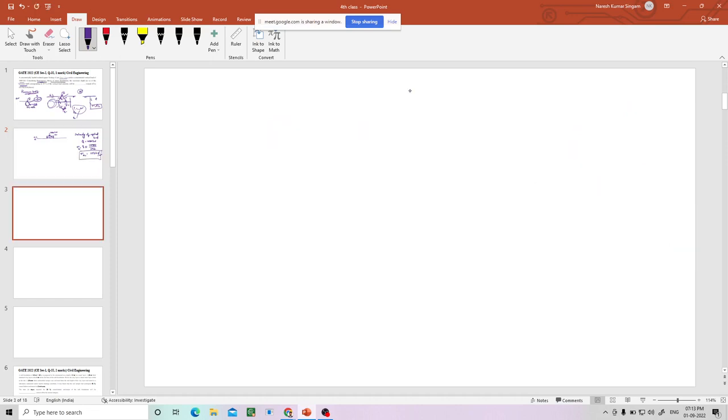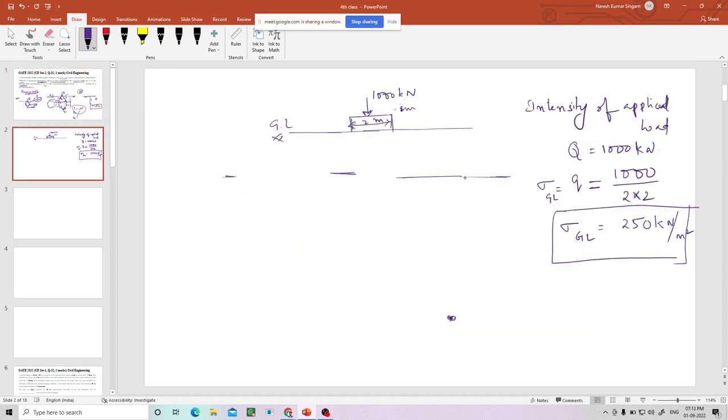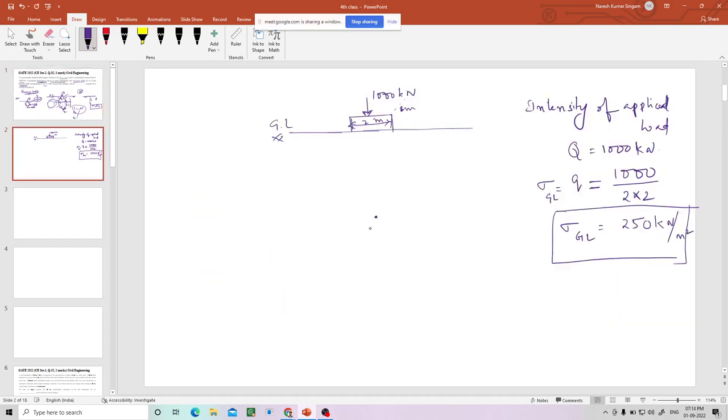Now what is asked? At some depth, the intensity, the delta sigma, will be 10% of the vertical load intensity. So if you take 10% of this intensity, at one point it will be, let us say, the pressure bulb in this, because it is an areal load.